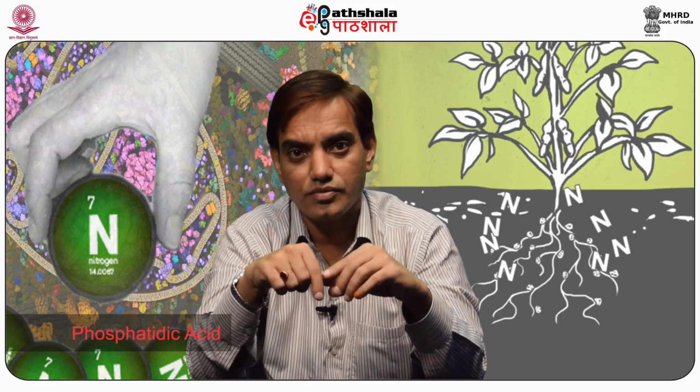The glycerophospholipids can further be sub-categorized. The first among these includes phosphatidic acid, which is hydrolyzed to yield one equivalent of glycerol and phosphoric acid. The second category is lecithin.